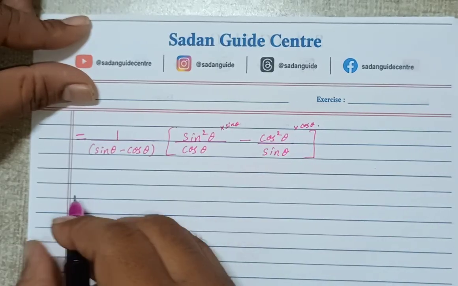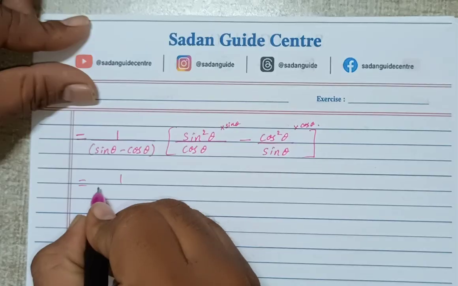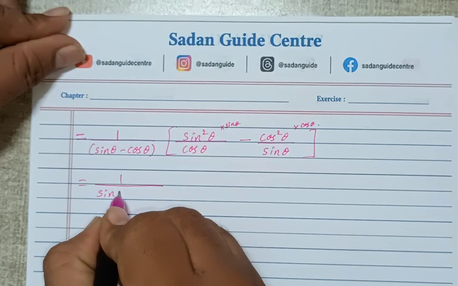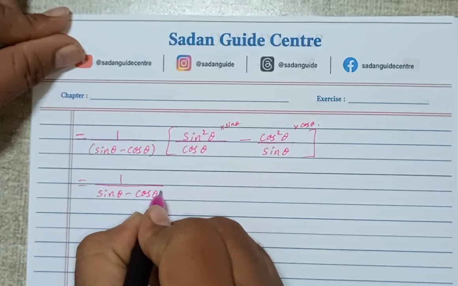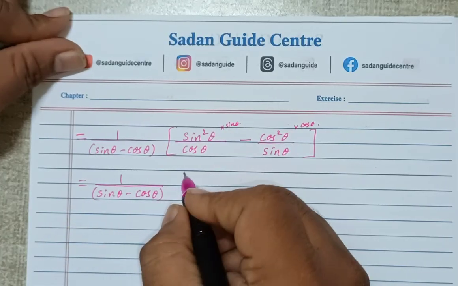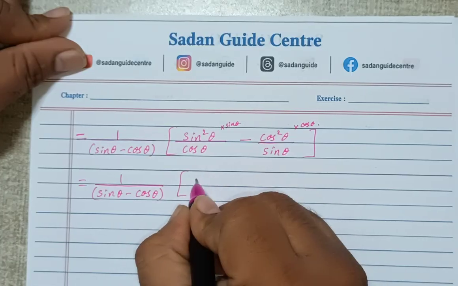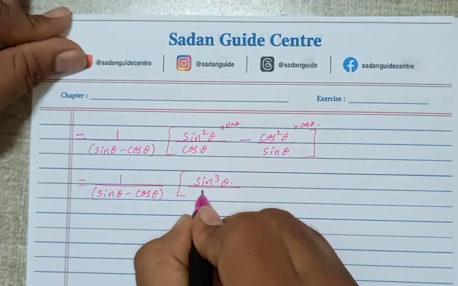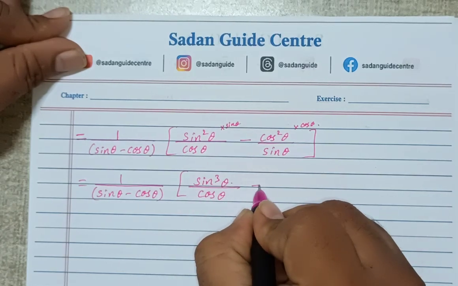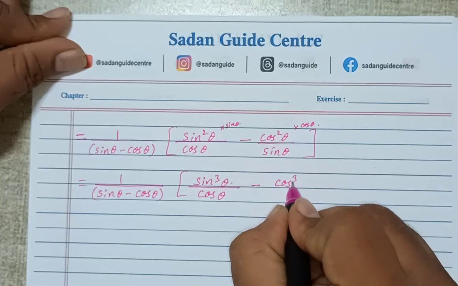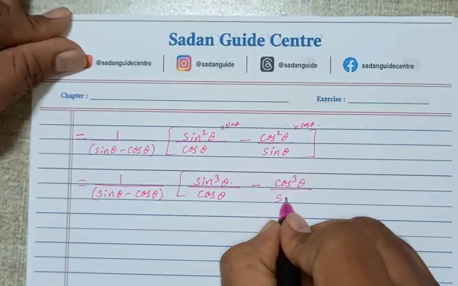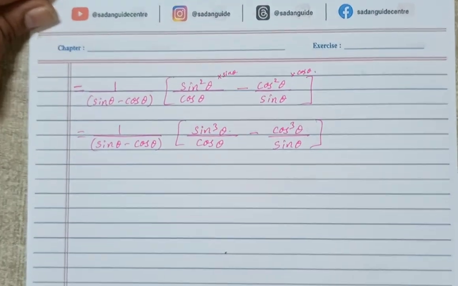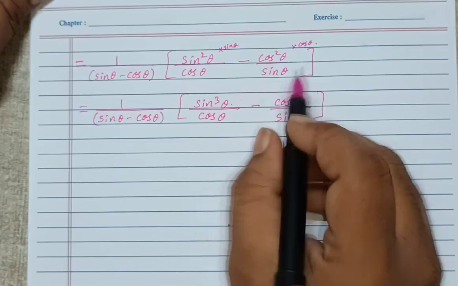So we get 1 by (sin theta minus cos theta) into sin square into sin theta, that is sin cube theta, divided by cos theta, minus cos cube theta by sin theta. Now this is in the form of, children, a cube minus b cube.